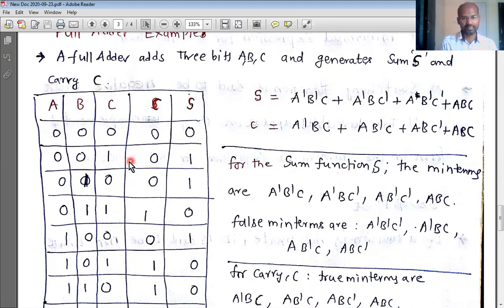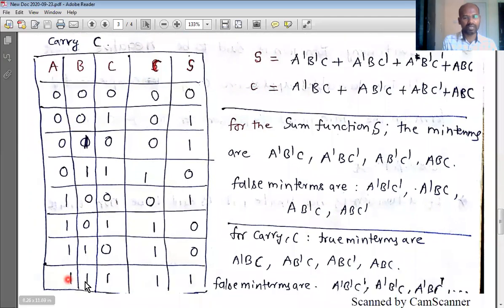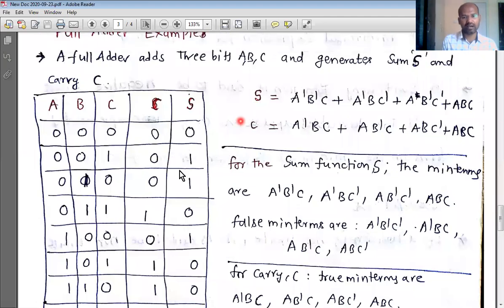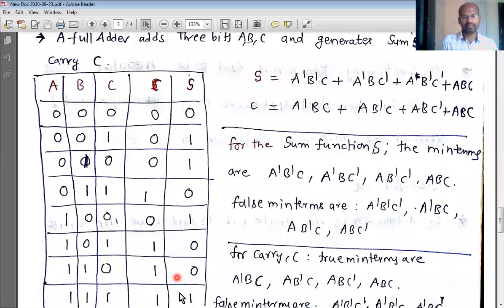How to write it? Either this combination, A0, B0, C1, or A0, B1, C0, or A1, B0, C0, or A1, B1, C1. For any of these combinations, the sum is 1. Any means either this or this or this or this.